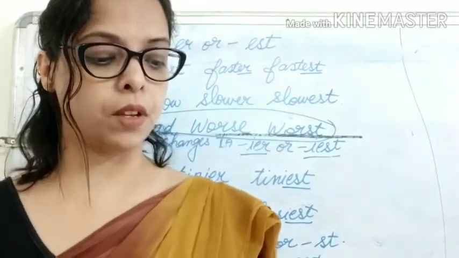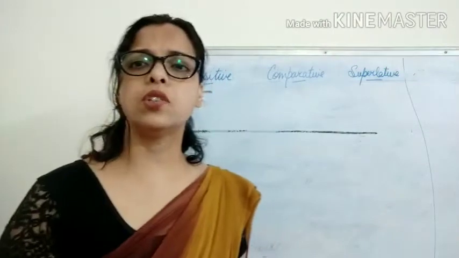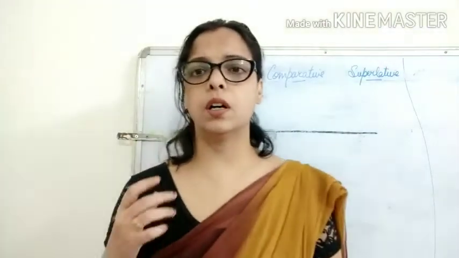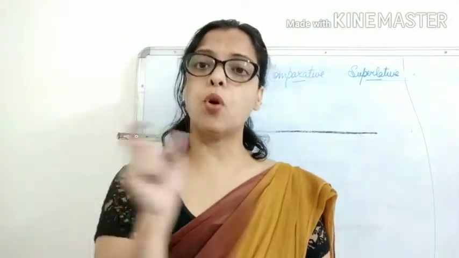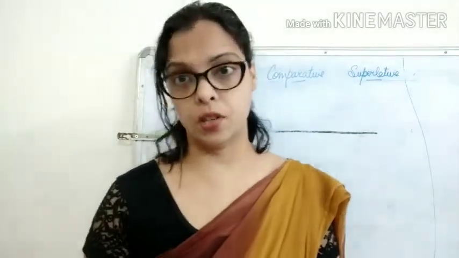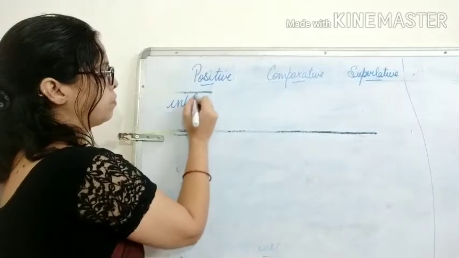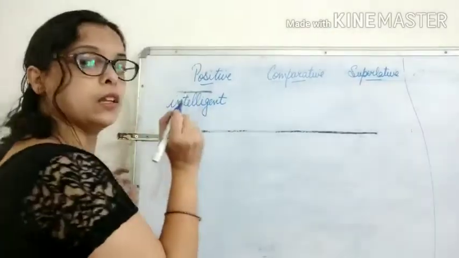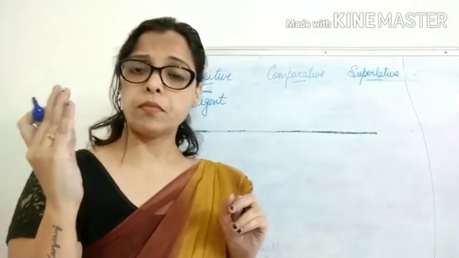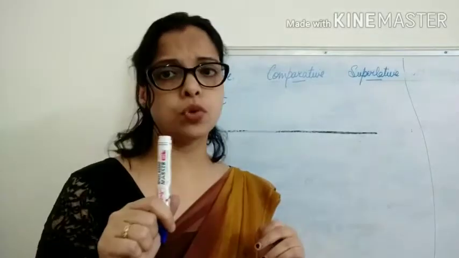Now let's see the exercise part also. And one more thing, children, sometimes we don't change the word. Instead we add more or most to the word. Take the example of intelligent. In the positive degree we take intelligent. Now if I say that Reena is an intelligent girl, we are talking about just one girl.